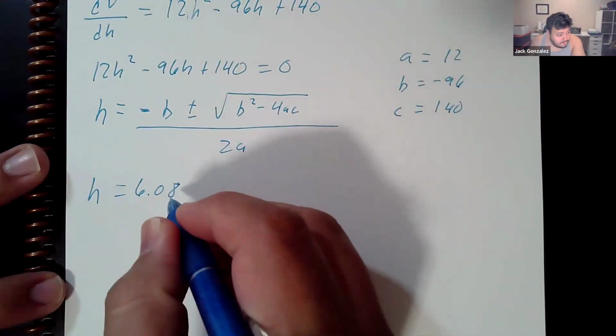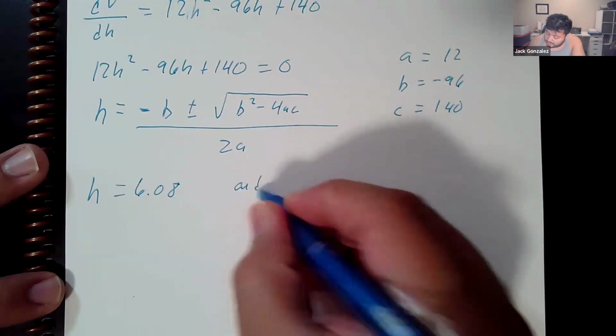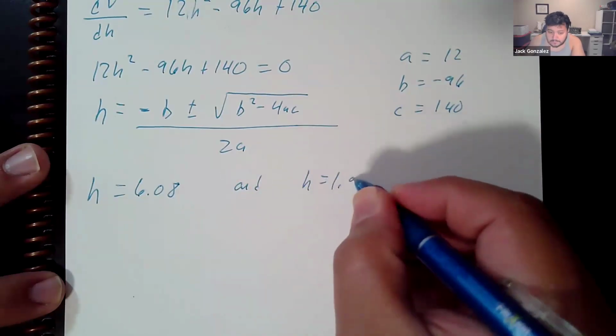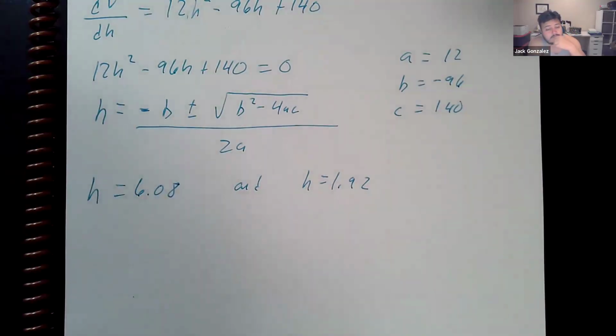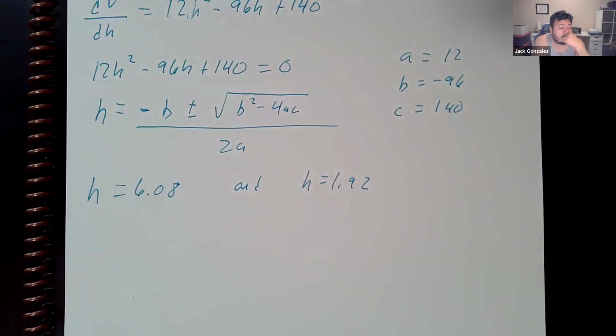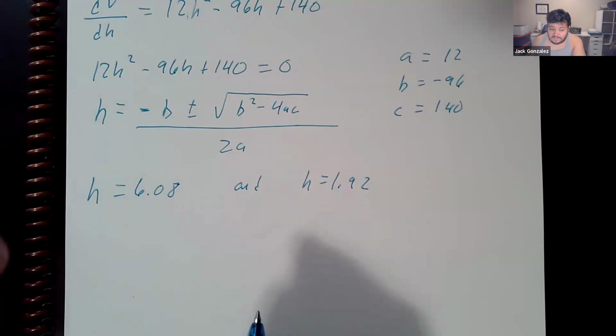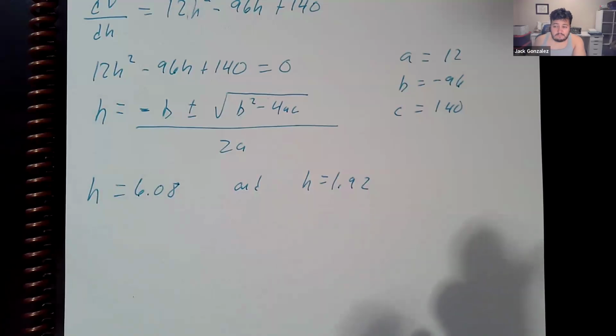So h is 6.08 and h would be equal to 1.92. When you use your formula, your calculator will spit out this for the plus or minus. Okay, so we have to figure out which one gives me the maximum.